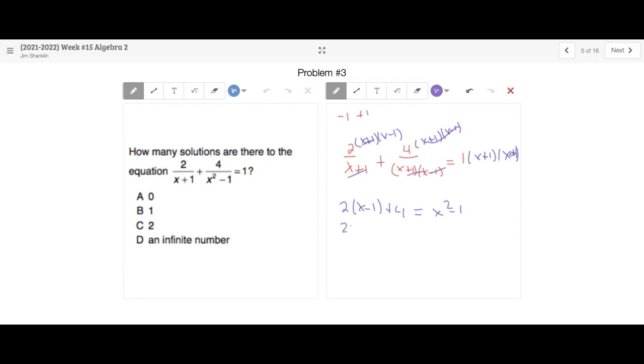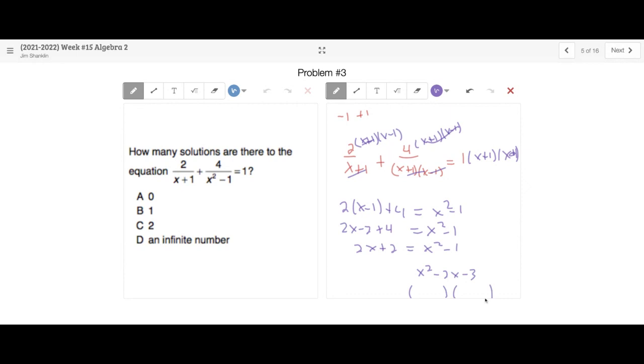If I multiply this through, I get 2x minus 2 plus 4 is equal to x squared minus 1. So this gives me 2x plus 2 equals x squared minus 1. It's a quadratic, so I'm going to rewrite it that way. This gives me x squared minus 2x minus 3.